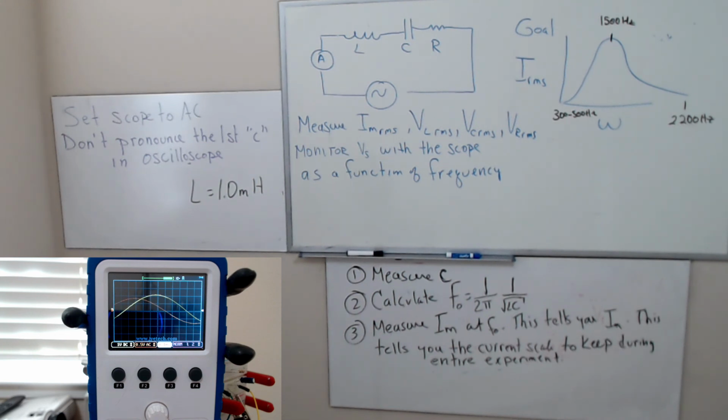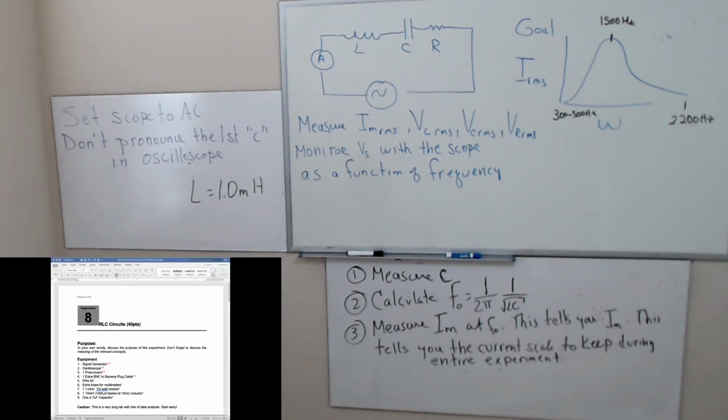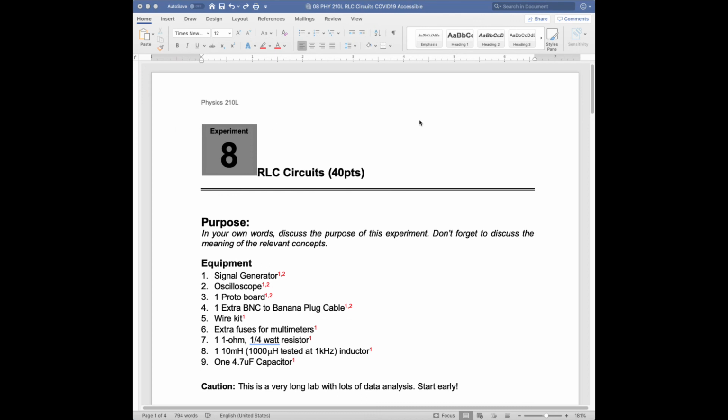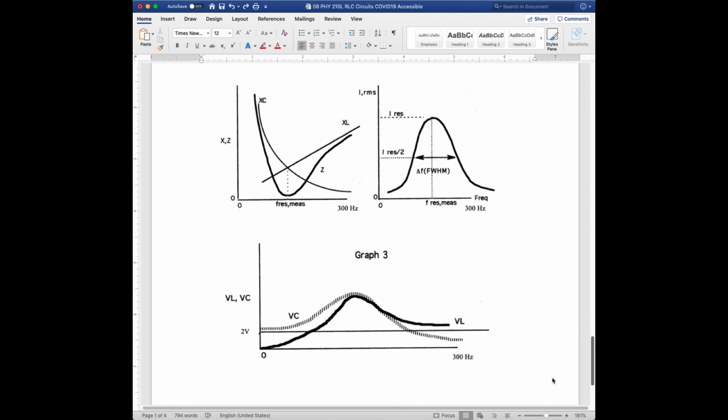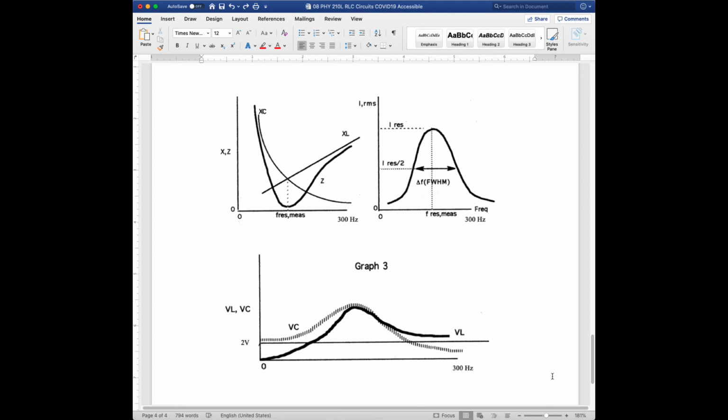So the graphs you're going to be making, let me show you the graphs you'll be making. The last page has samples of the graphs. Those are the graphs you'll be plotting. So the first one on the left is just a plot of X, Z, and X sub C, X sub L, and Z as a function of frequency.